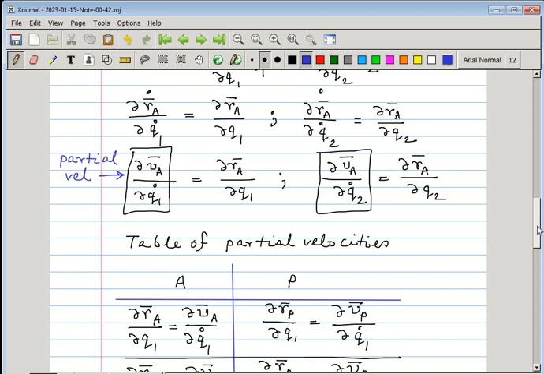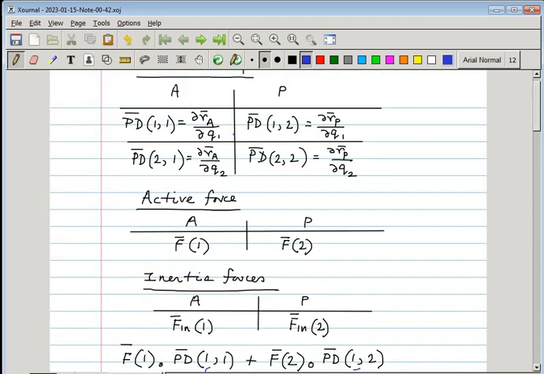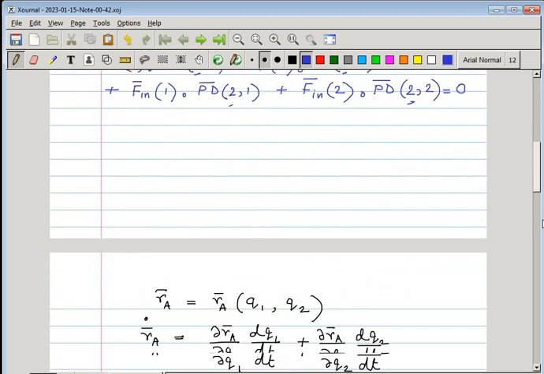So now what we can do in this table, we can replace del RA del Q1 by del VA del Q1 dot, del RP del Q1 as del VP del Q1 dot, del RA del Q2 as del VA del Q2 dot, del RP del Q2 as del VP del Q2 dot.